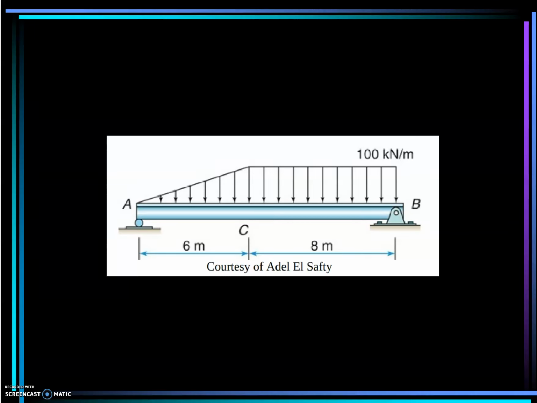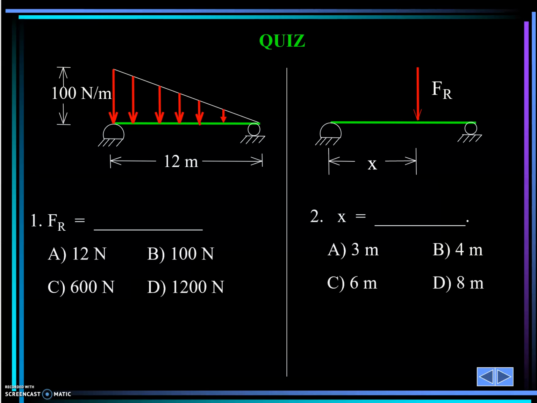I think that is very useful for you to play with and just identify and be able to solve the problem accordingly. If I give you in a test something like that and they ask you what is the force, is it 12 or 100 or 600 or 1200? Let's see, 1/2 base times height, so 1/2 times 12, which is 6, times 10, that is 600.